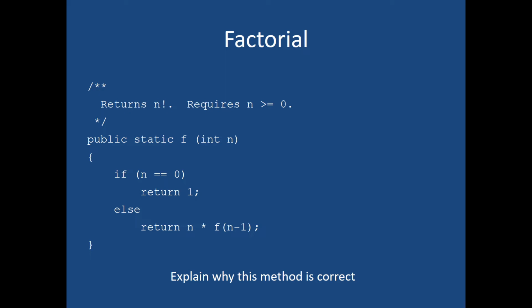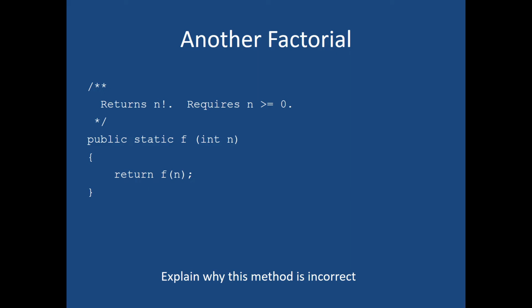That's the partial correctness argument. But then you've also got to argue that it will always terminate. That's an additional thing you have to argue. And the argument usually is in the form that every time you make a recursive call, the parameter gets simpler. And eventually it can't get any simpler, and that stops recursion. So that's that there. And why does that argument fail here? The argument that this always terminates.